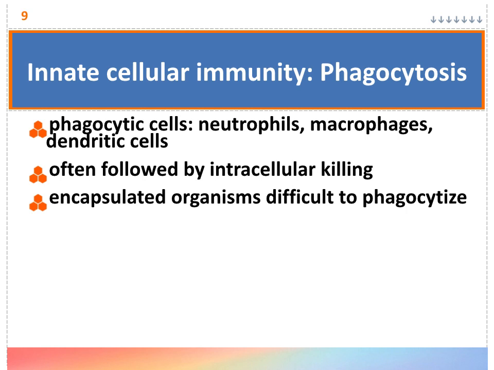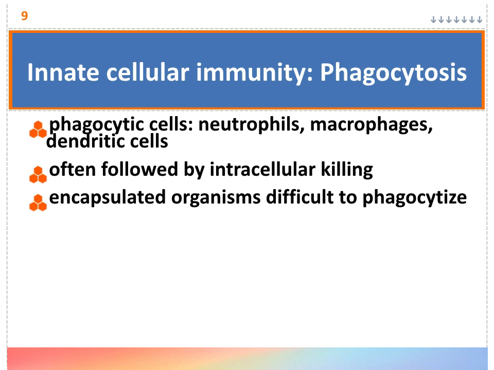The primary example, which you may perhaps know already, is phagocytosis. We have certain cells which can swallow up organisms or pathogens. These include neutrophils, macrophages, and special types of cells we call dendritic cells. These phagocytic cells are able to take up foreign material, including pathogenic organisms.